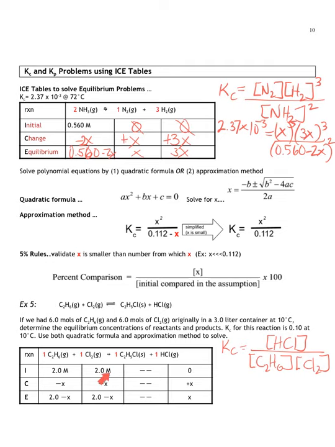Remember, initially I have my reactants and I have no products. I lose some of my reactants. I don't know how much it is. I will figure it out with the equilibrium expression and constant. And I make some of my products. And so at equilibrium, you just add up these two columns and you'll see it's 2.0 minus x. Same thing here, 2.0 minus x. At equilibrium, these are the amounts that I have.